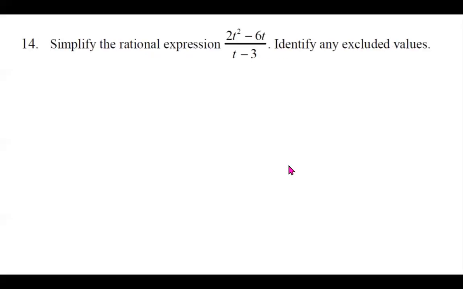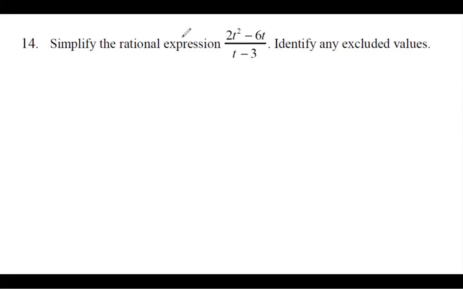Moving on. Now we're going to rational expressions. This is what we recently did. So I hope it's fresh in your minds. All right. So my rational expression, let me go ahead and write it down. Let me choose a different color. Okay. So I have 2t squared minus 6t divided by t minus 3.